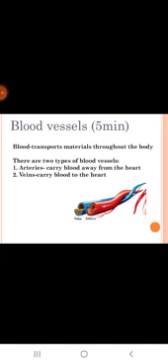There are some more features and functions of veins and arteries we'll explore now. Veins carry blood from tissues of the body to the heart, whereas arteries carry blood away from the heart to tissues of the body.